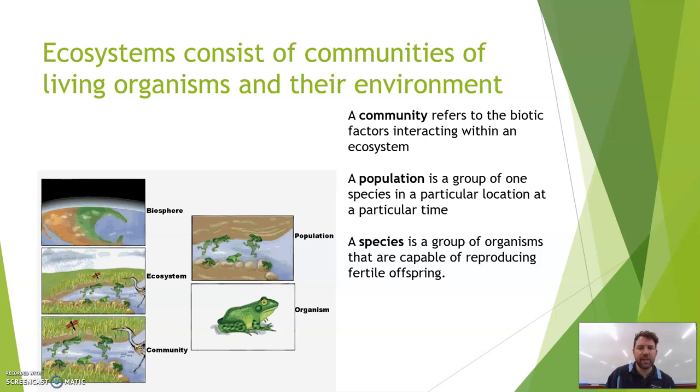The image here is a population of frogs all living together in the same location at the same time. A species is a group of organisms that are capable of reproducing fertile offspring. So they can reproduce together, and the offspring can also have further offspring and are also capable of reproduction.